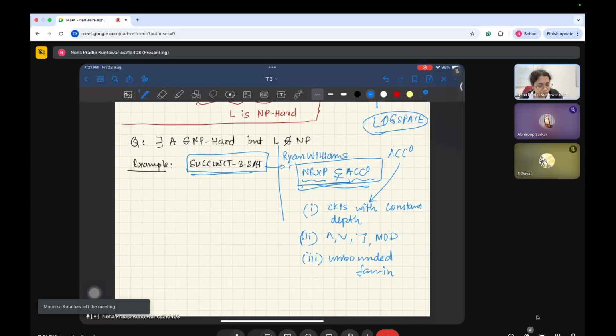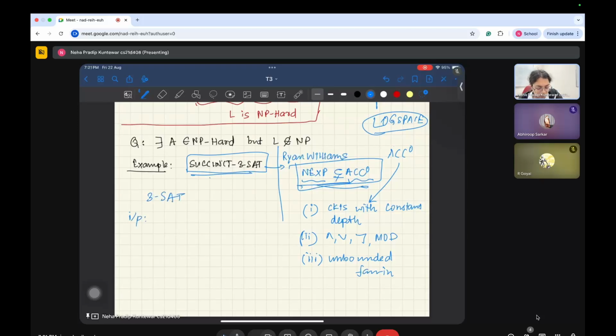the 3-SAT problem. But in the 3-SAT problem, what is it? You are given as input a formula phi, which is in 3CNF form, and you want to output yes if phi is satisfiable.